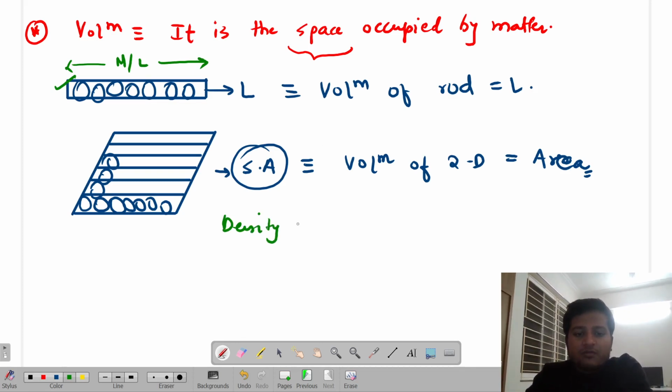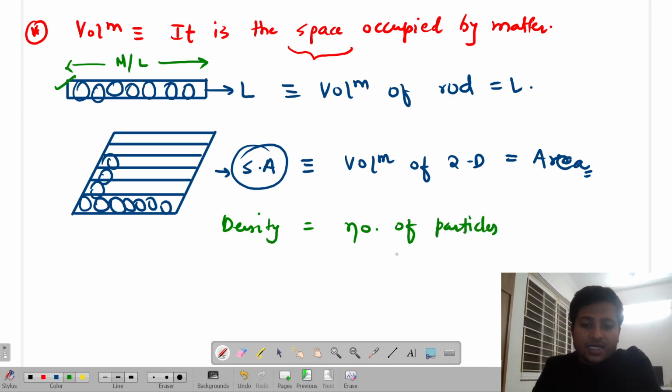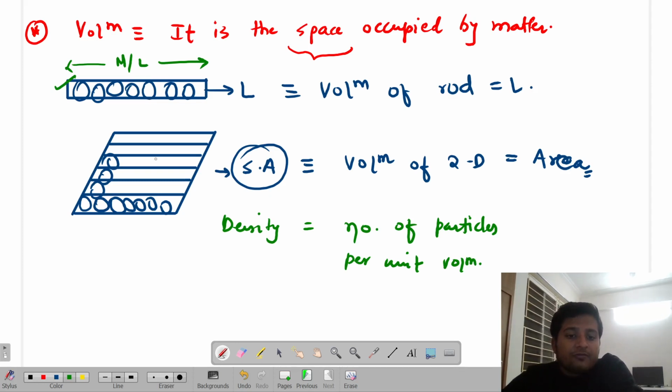Density is the number of particles per unit volume, not mass or something like that. So when I talk about a linear rod, and if my density is uniform, then the number of particles in this big length will be the same as in a small length.